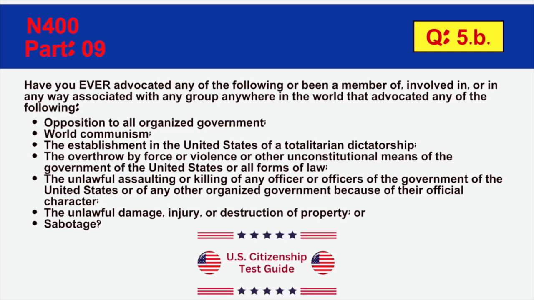Have you ever advocated any of the following, or been a member of, involved in, or in any way associated with any group, anywhere in the world, that advocated any of the following?